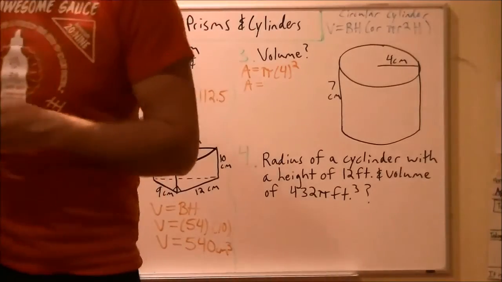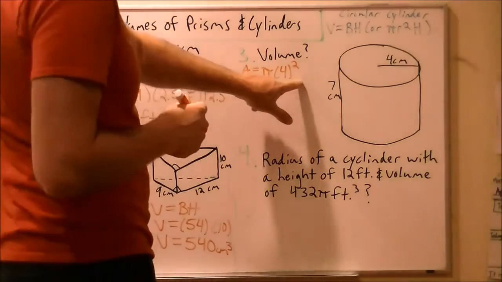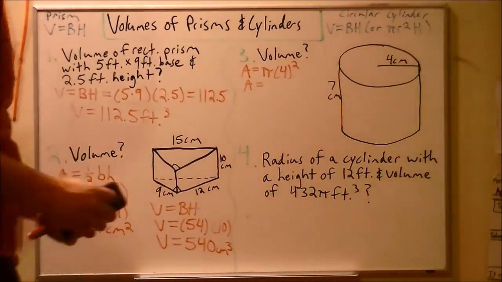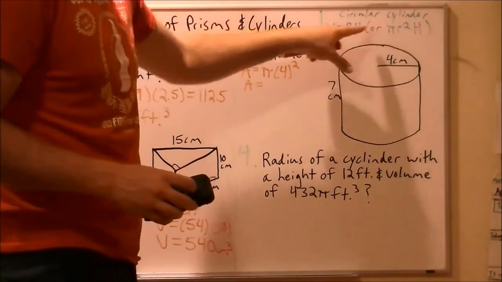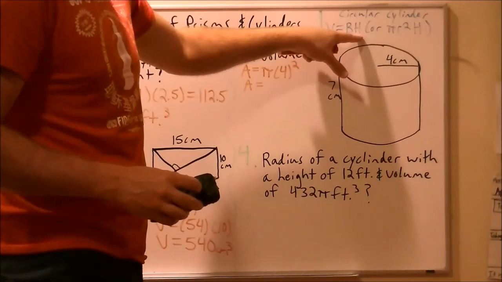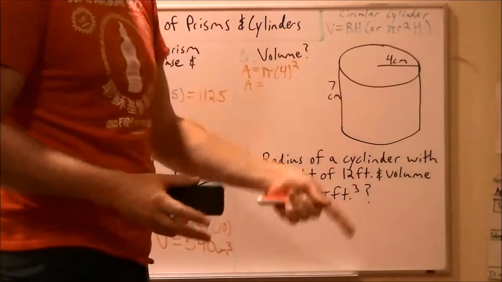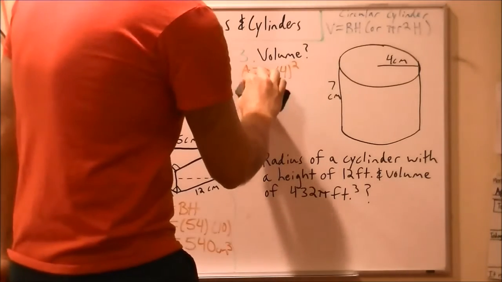So we're going to do exactly that. Remember, we can rewrite the formula, but look, V equals B times H, or pi times r squared, which we've done, and just slap the times H on the end. So let's do that instead.